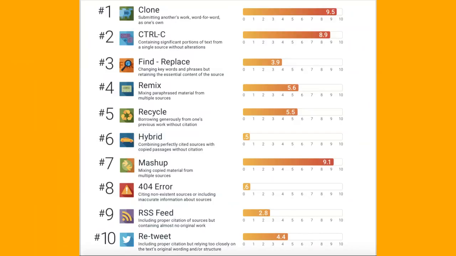It looks like the top three would be number one, clone. The second most common type of plagiarism is mashup. And the third most common is number three, find replace. Number two, Control C, right? I got my head mixed up between the screen here and the handout. So you can refer to the handout, you can print it out, or you can follow along here on the screen.